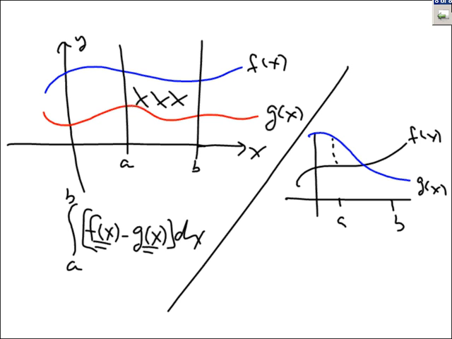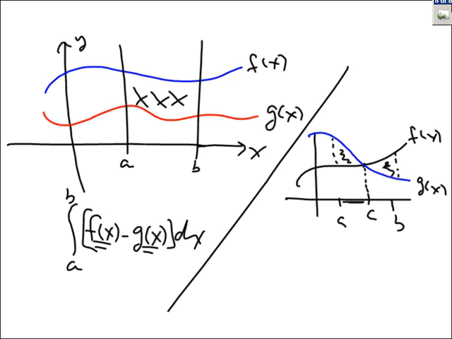Between A and B is this area. But the problem is that, let's call this point right here C. Between A and C, the g function, the blue function, is on top. But between C and B, the black function, or f, is on top.